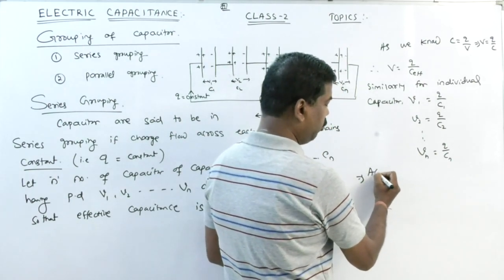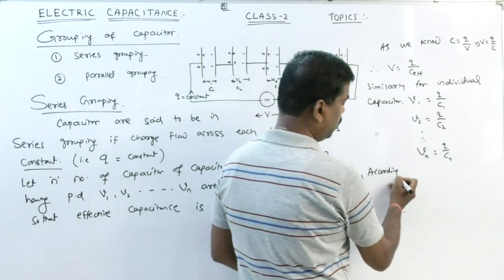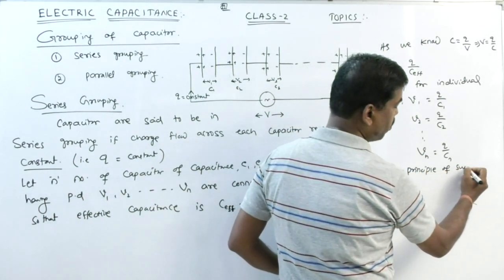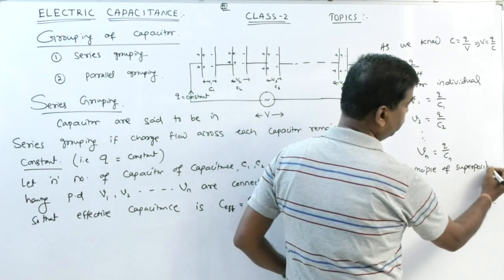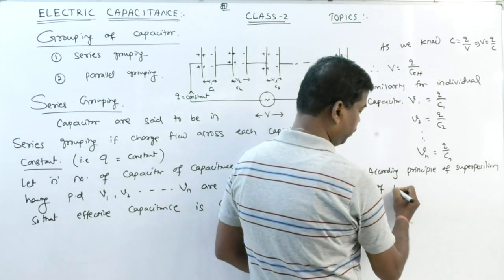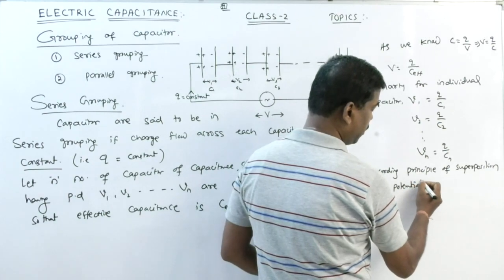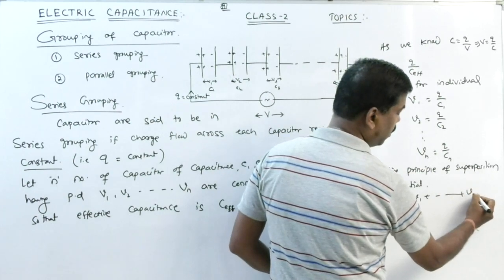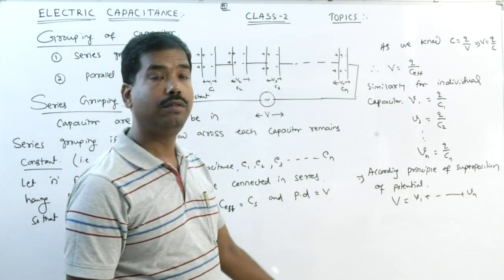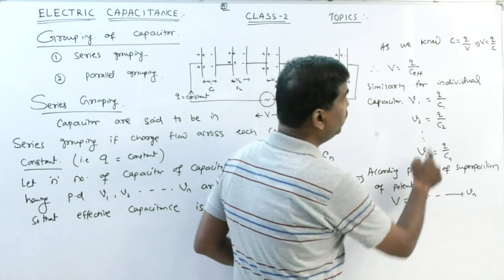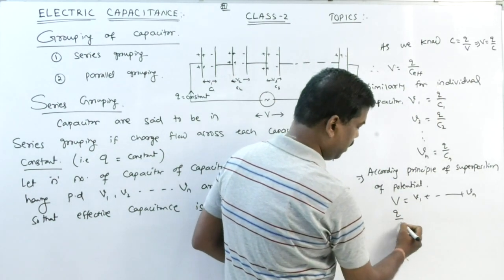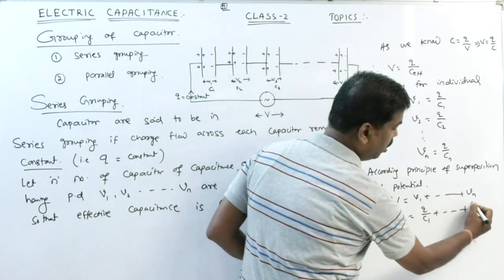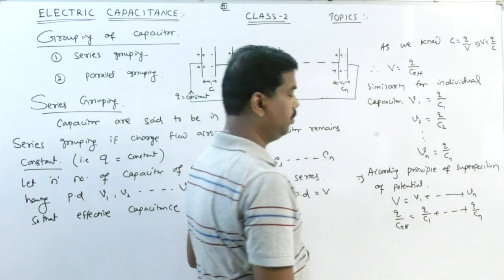Therefore, according to the principle of superposition of potential, net potential V is equal to V1 plus V2 up to Vn. Clear? Therefore, Q by C effective is equal to Q by C1 plus up to Q by Cn.